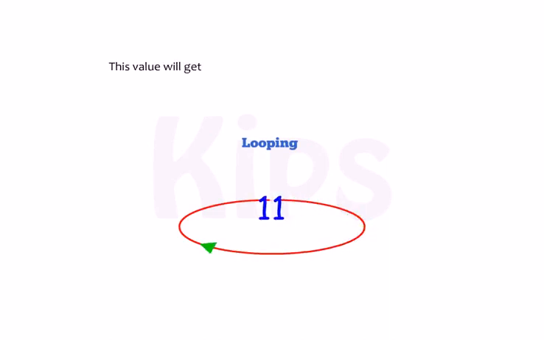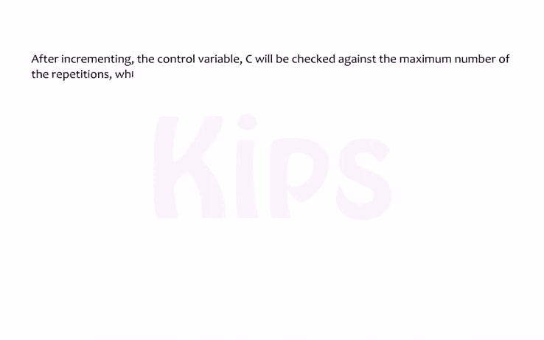This value will get incremented each time the process repeats. After incrementing, the control variable C will be checked against the maximum number of the repetitions, which is 5 in this case. Let us understand this example with the help of a flowchart.